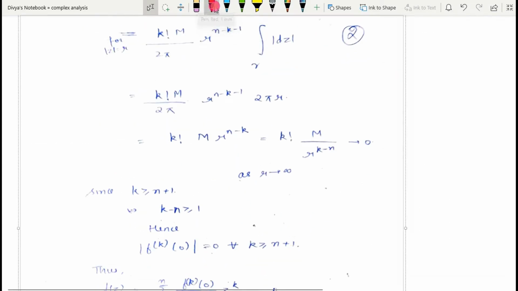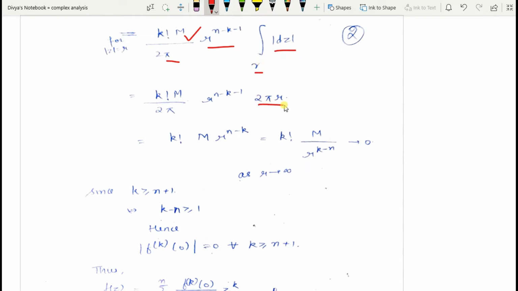So evaluating this integral, we have k factorial as it is, M comes out of the integral sign as it is a constant, upon 2 pi, r to the power n minus k minus 1 times the integration of modulus of dz over gamma. And the integral of modulus of dz over gamma would be nothing but 2 pi r.